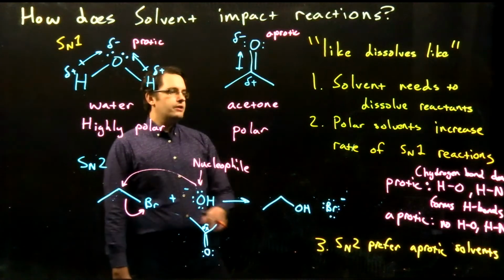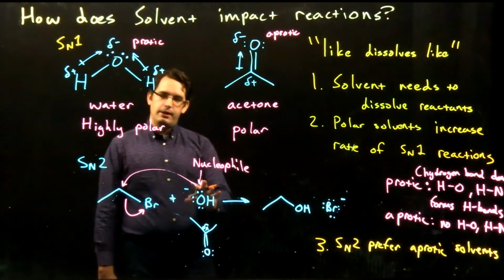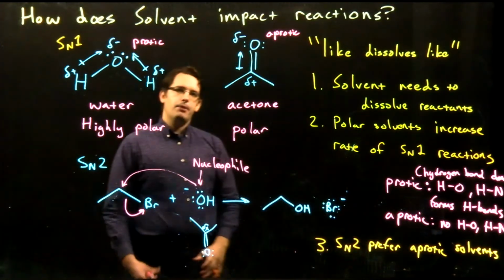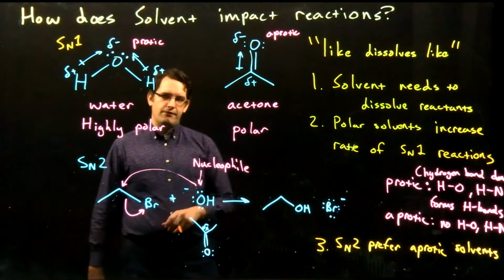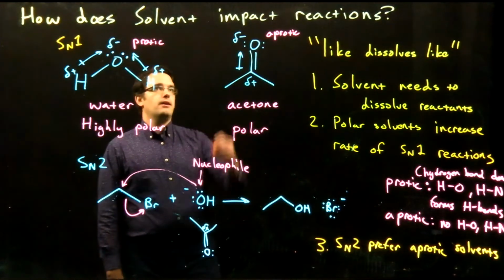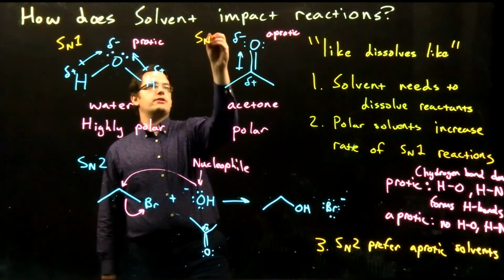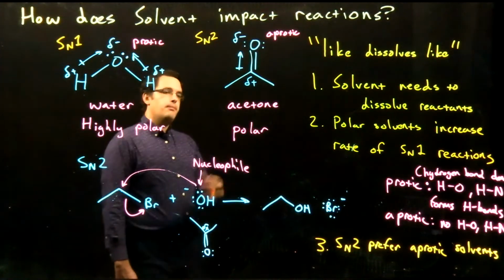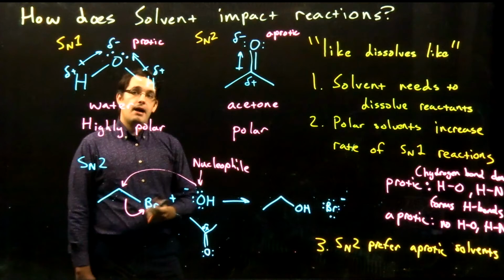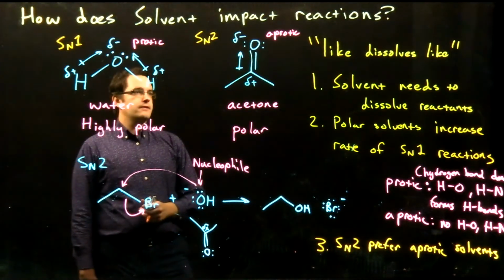For SN2 reactions, we do still want it to be polar because we need to dissolve our nucleophile, but we generally want it to be aprotic so we don't get too strong of an interaction between our nucleophile and our solvent. So our SN2 reactions tend to prefer polar solvents that are also aprotic. Acetone is a very common solvent used for SN2 reactions.